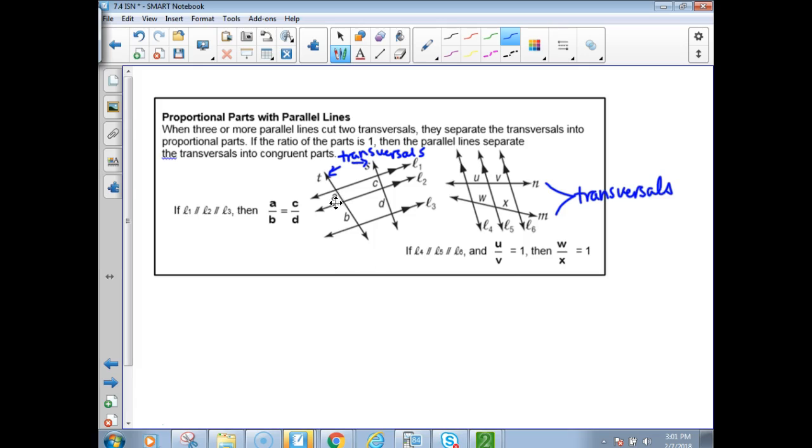So, you can see the fractions right here: A over B equals C over D. Over here, U is to W as V is to X. And going the other way, U is to V as W is to X. And that's what it says down here. If U to V equals 1 and W to X equals 1, that means they are congruent pieces. These would be equal to one another, and these would be equal to one another.